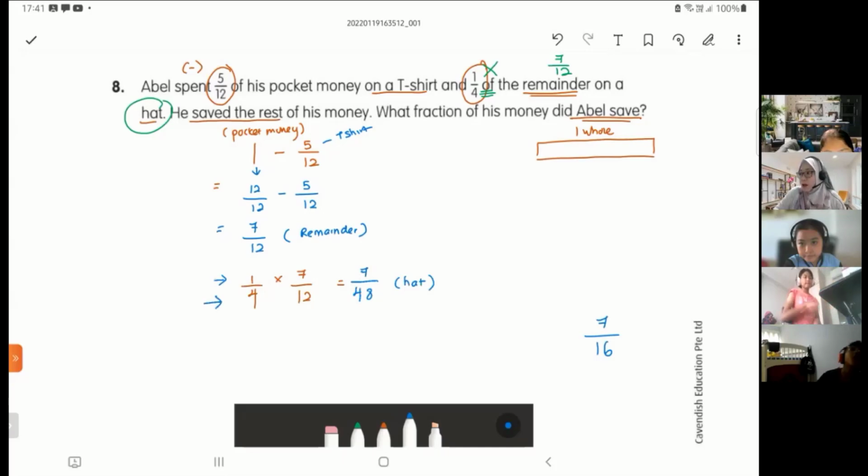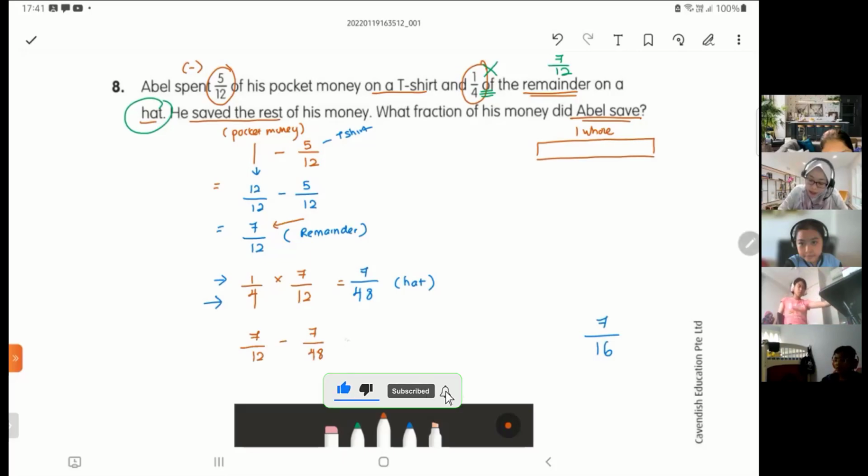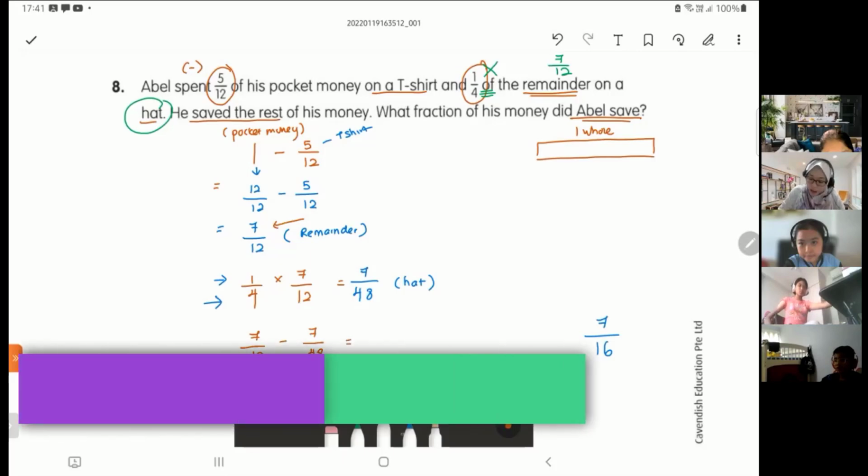Now I want to know the money that he saved. How much does he save? If you want to find how much he saved, you can just take the remainder, take away the hat just now. So you take 7 out of 12 minus 7 out of 48, because this is the remainder after I spend on the t-shirt. So I don't have to take one whole again. Don't waste your time doing that. You can just use the remainder, take away the hat, because from the remainder, I spend on the hat. The balance will give me my saving.